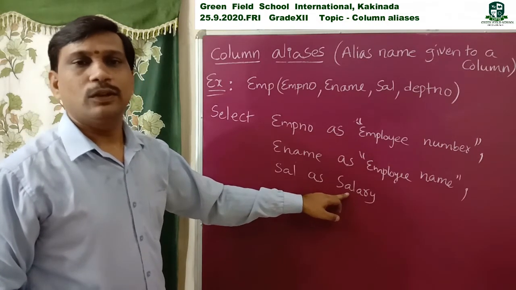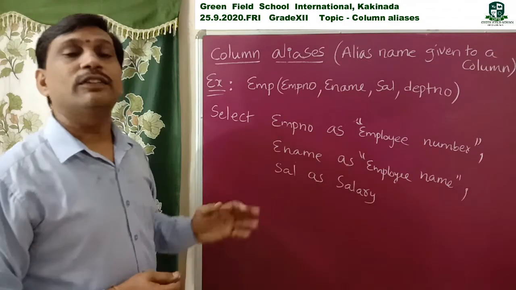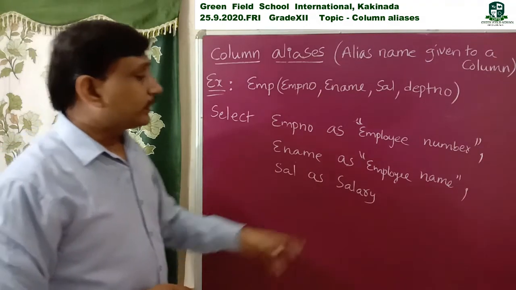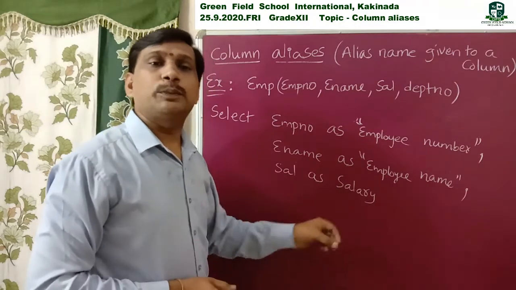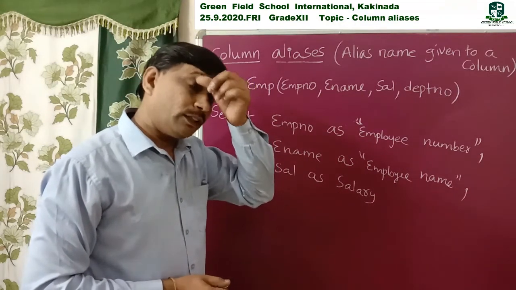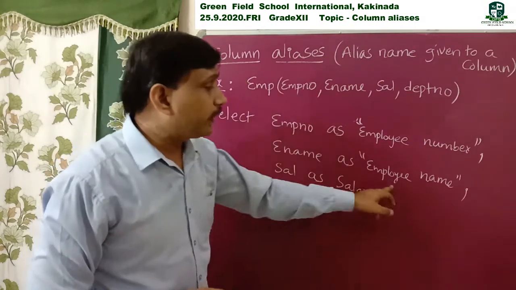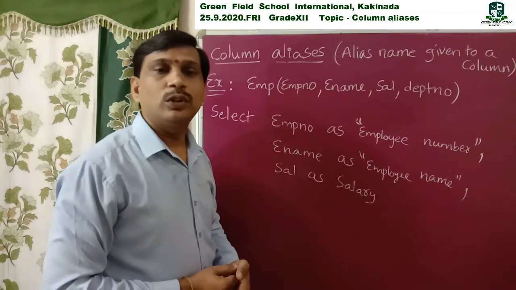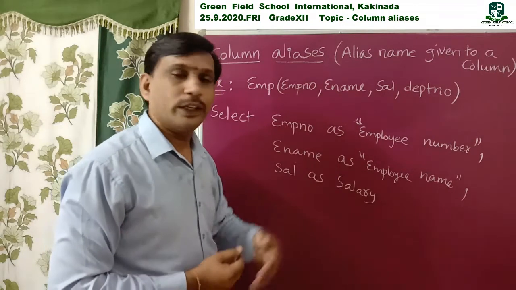If you are using double quotes, that one is also valid, no problem. With or without double quotes, both are valid when you are using one word. But if we specify more than one word, compulsory we specify those column aliases in double quotations.